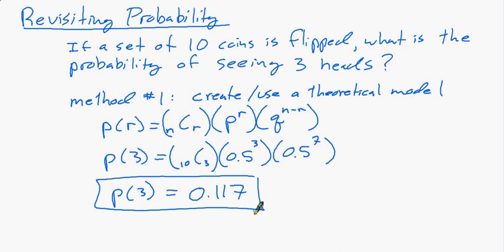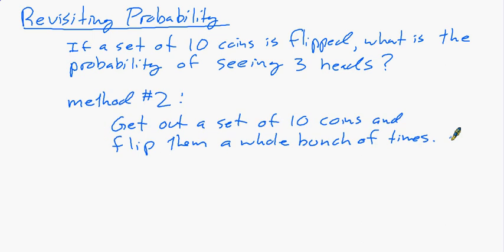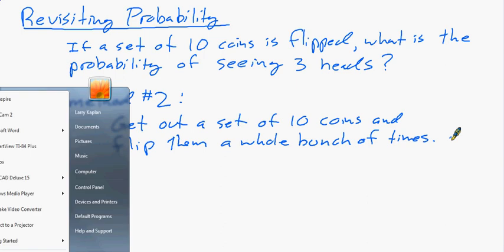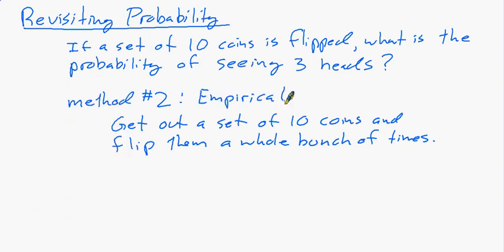The next method, method 2, get out a set of 10 coins and flip them a whole bunch of times. This is called the empirical method, which of course is long and tedious. You wouldn't want to do that.